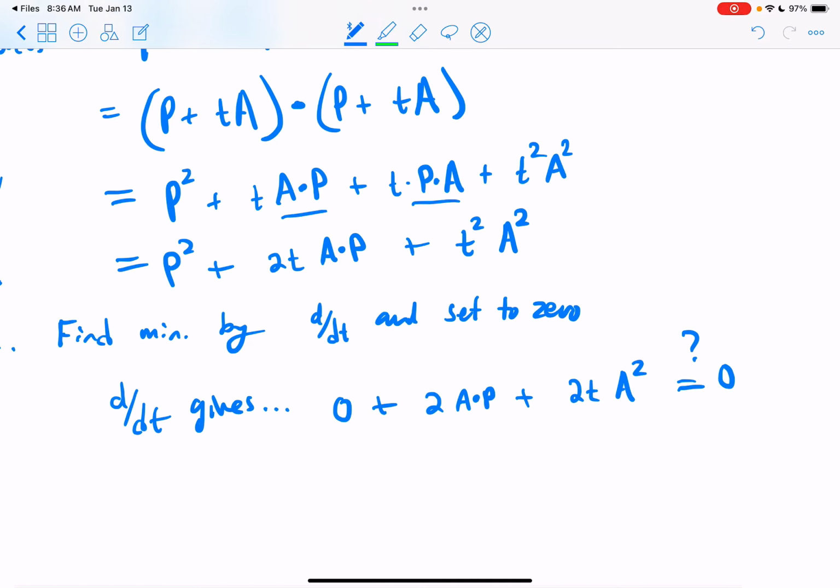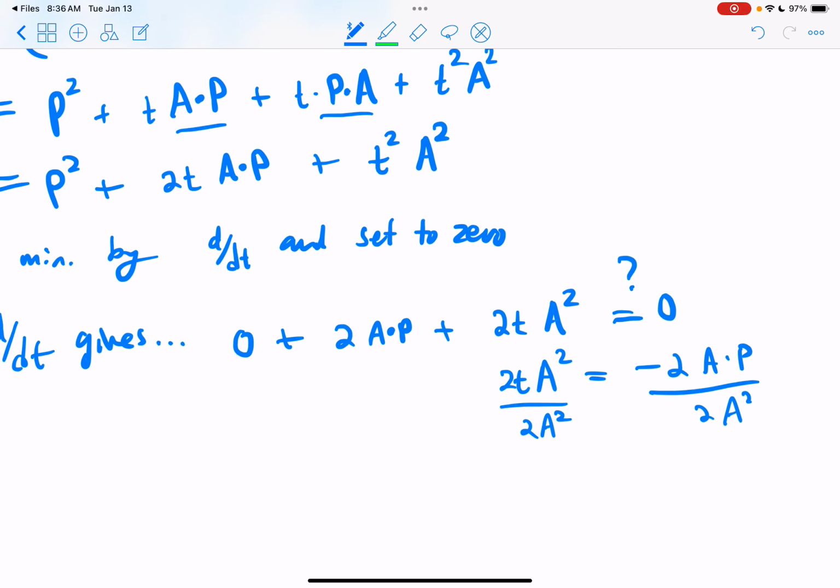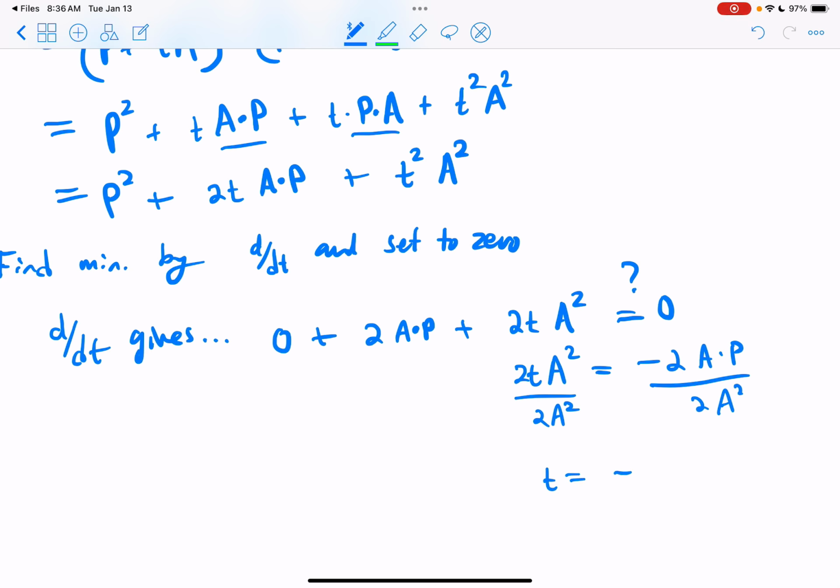Well, now I can solve for t. So 2t a squared equals negative 2a dot p. Divide by 2a squared, and I get t is equal to negative a dot p over a squared.